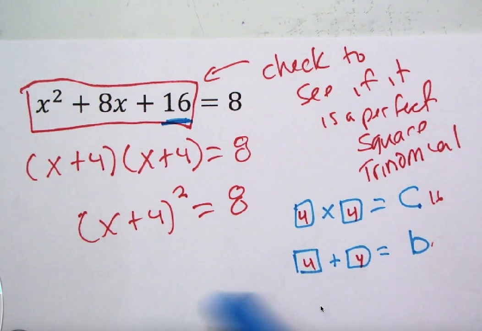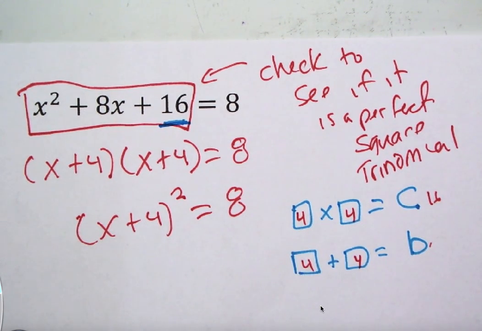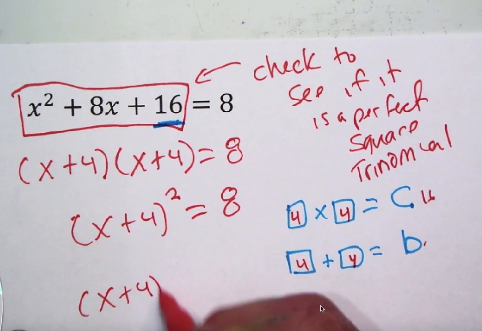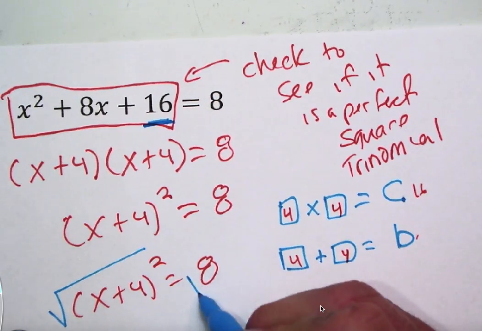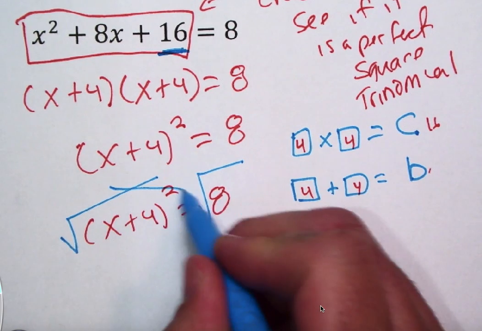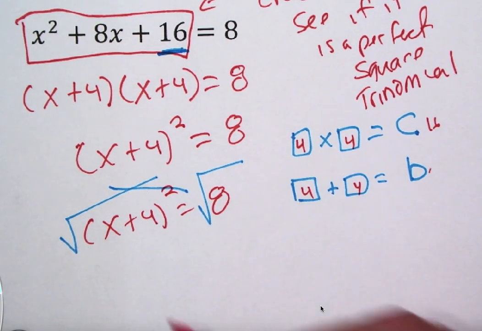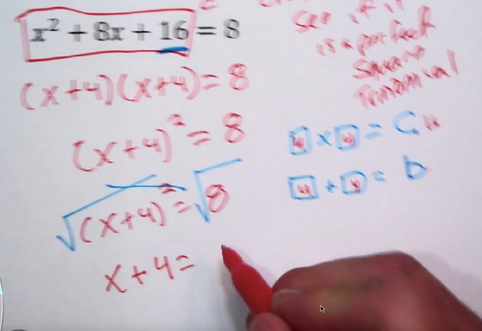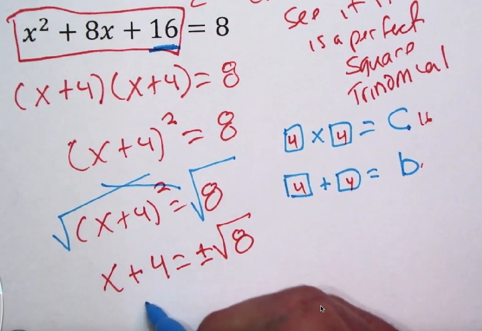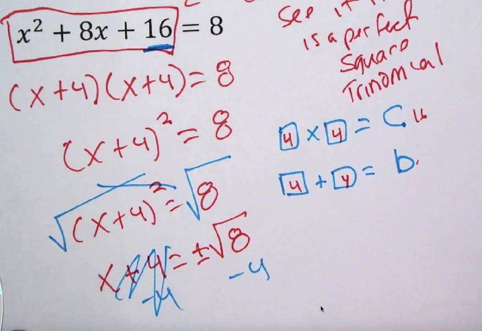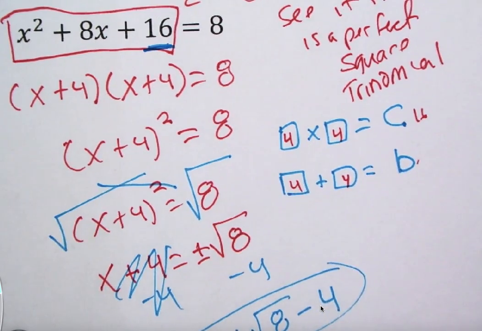And then, because we have something squared like the do now we talked about last class, you can take the square root of both sides and get x by itself. And we found our two answers.